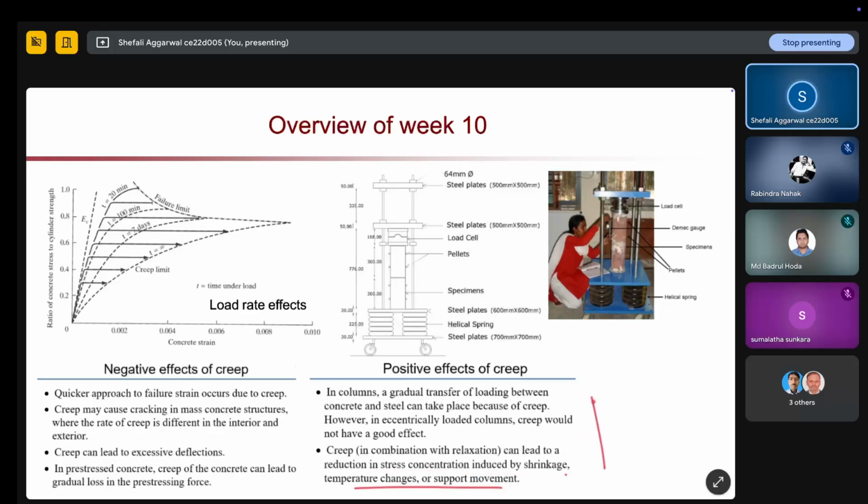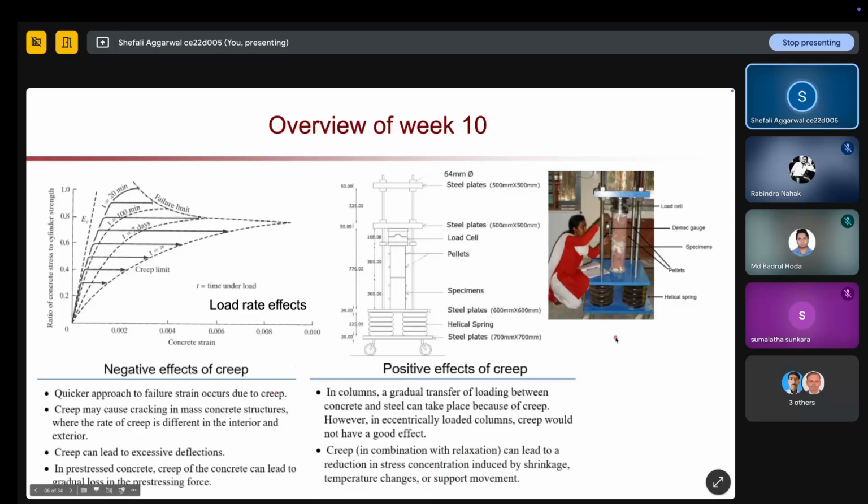If I am loading it initially and then relaxing it, the initial loading will make it a more compact structure, so it will reduce stress concentration. If you are putting the loading continuously, it's not a positive effect. Only if creep is in combination with relaxation will it have a positive effect.